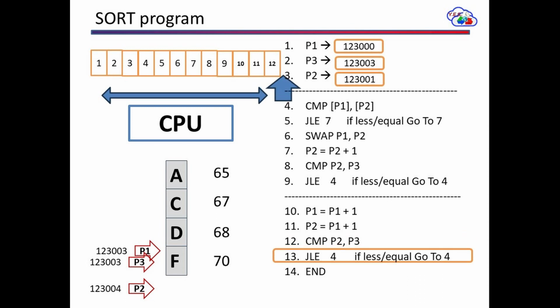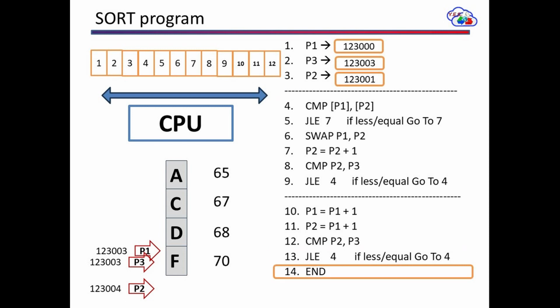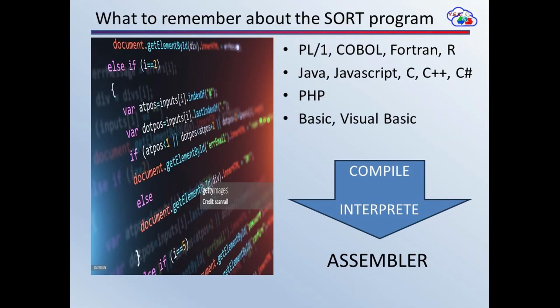The loops end when pointer P1 points to the last position, the one identified by pointer 3, and the program closes. What is there to remember about this example of assembler programming?